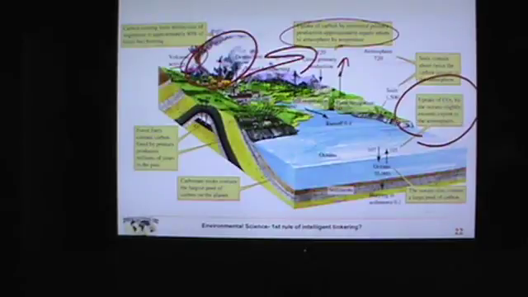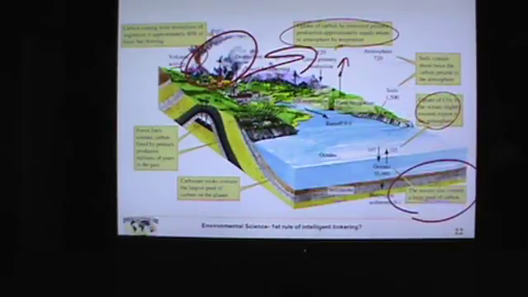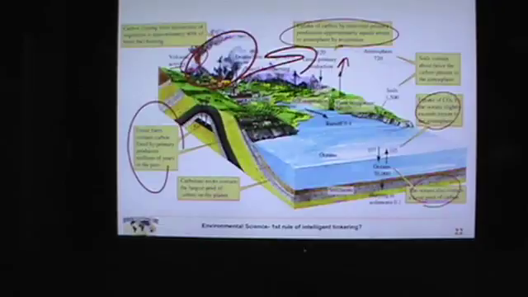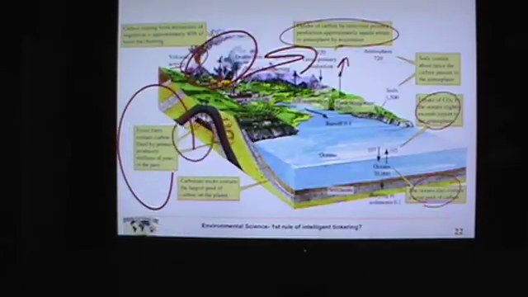Now, the oceans also contain a large pool of available carbon dioxide, probably the largest available pool of carbon dioxide. Fossil fuels contain carbon fixed by primary producers millions of years ago. Basically, that's where we get our oil from.